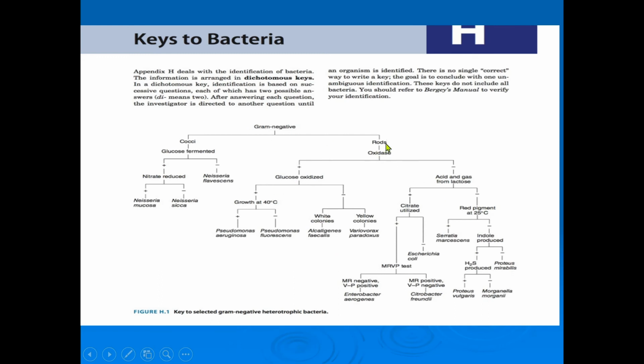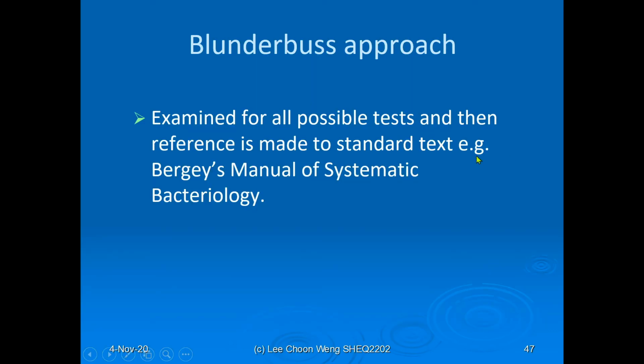So you do the oxidase, the lactose fermentation, citrate, MRVP, indole. All these tests you do together, and from the results you determine the presumptive identification of your isolate based on standard information that you can get from Bergey's Manual of Systematic Bacteriology.